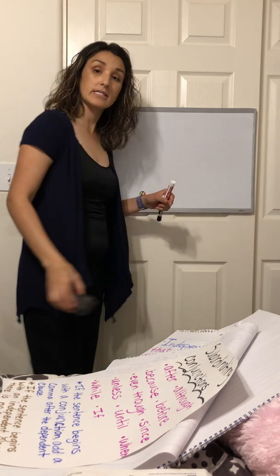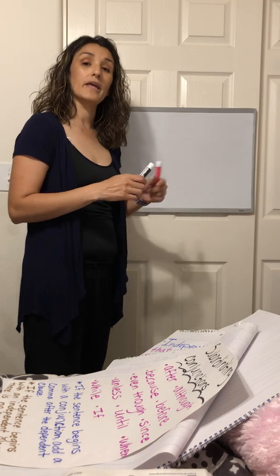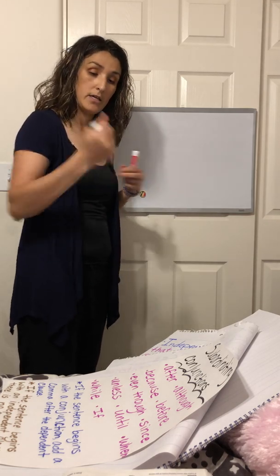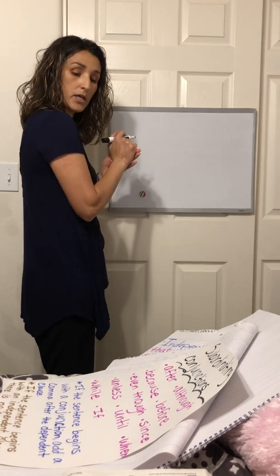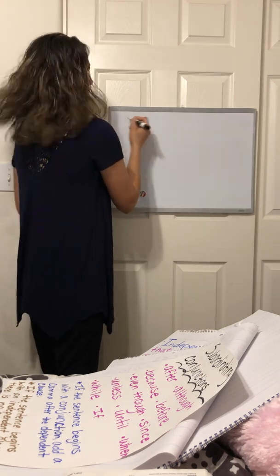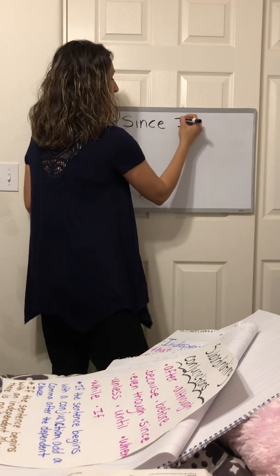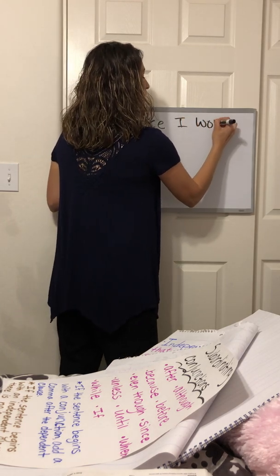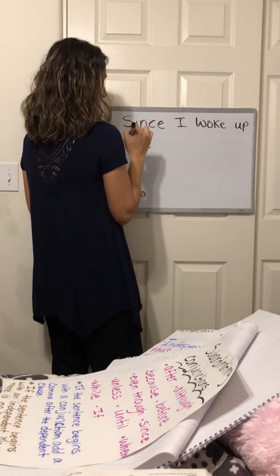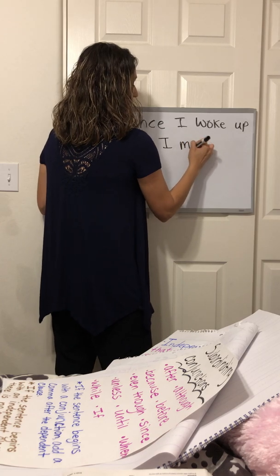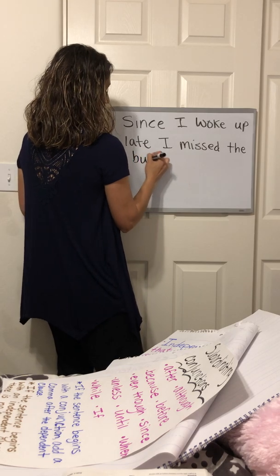And this one you will do by yourself. So you will pause the video. You will do what I just did, and then you come back and check to see if you got it correct. So again, I am going to choose the sentence first, or my conjunction first. Okay, I'm going to try: since I woke up late, I missed the bus.